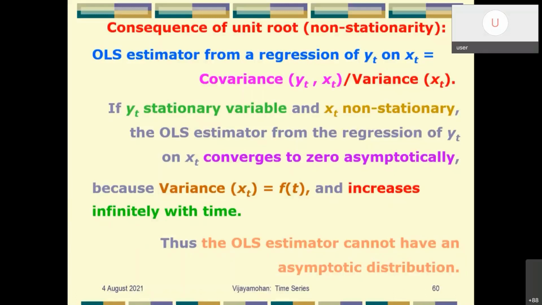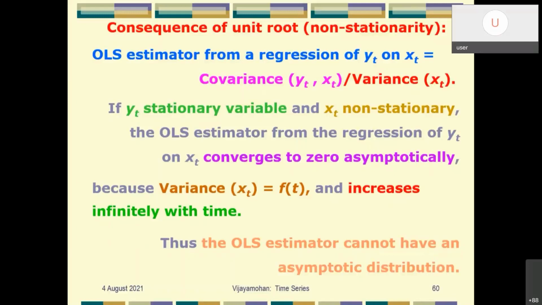If we have both variables non-stationary or one of the variables non-stationary, then we will have this problem, because either the covariance will be increasing over time or the variance will be increasing over time. In both cases, theoretically, the OLS estimator cannot be considered constant, fixed. Is it clear?